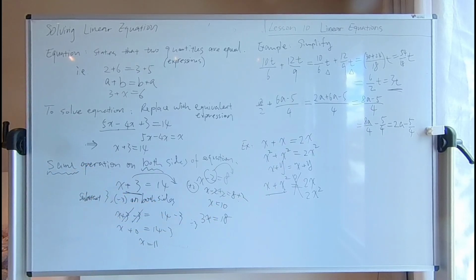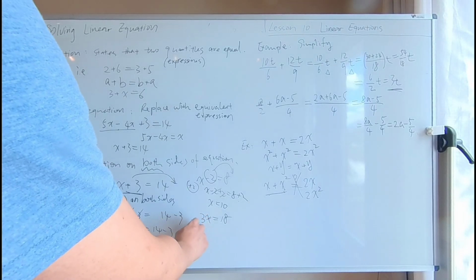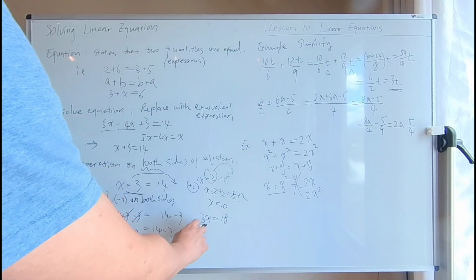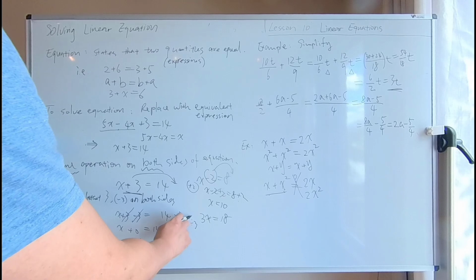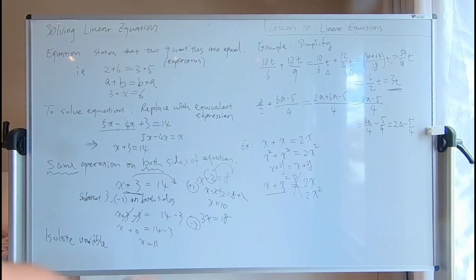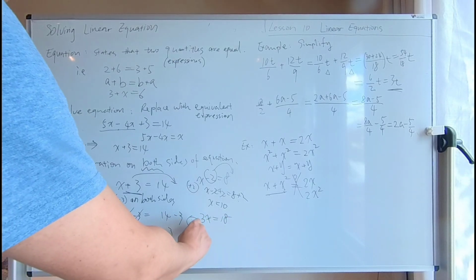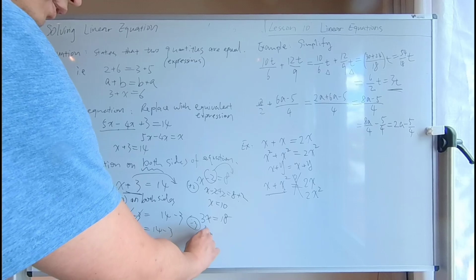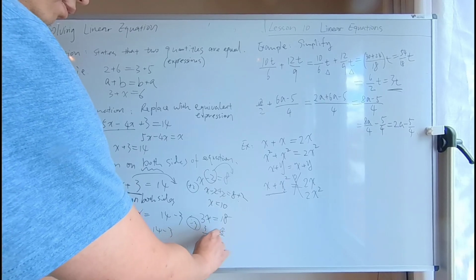This is called to isolate the unknown variable. So to isolate x in this case, I have a 3x, which means I need to divide it by 3. So if I'm dividing 3 on both sides, I get 3x over 3 is 18 over 3, right?